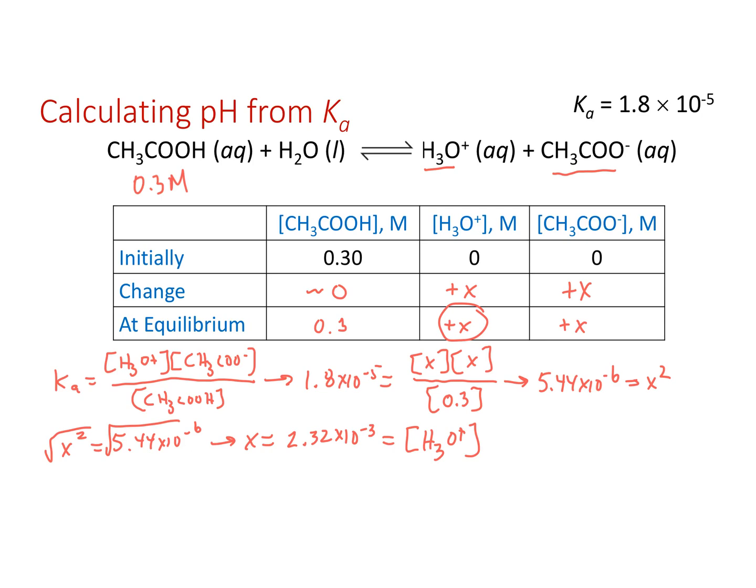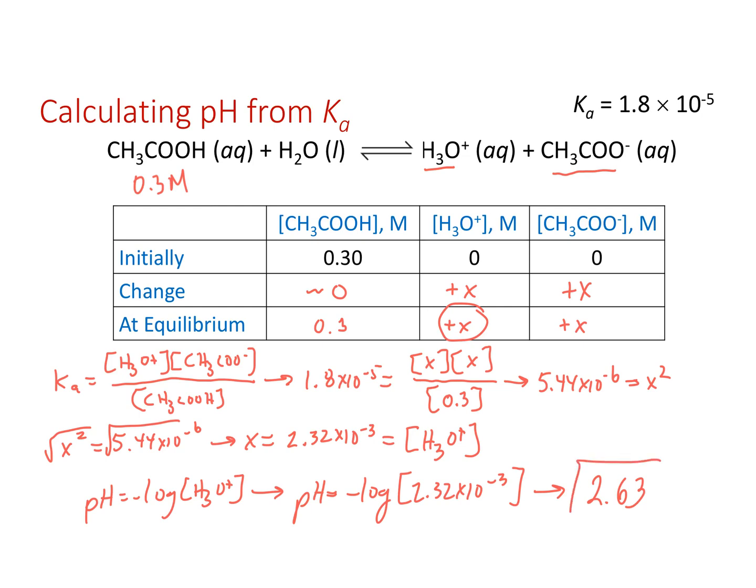So the last step: pH equals the negative log of hydronium ion concentration. The pH of this solution equals the negative log of 2.32 times 10 to the minus 3. The pH of this solution is 2.63.